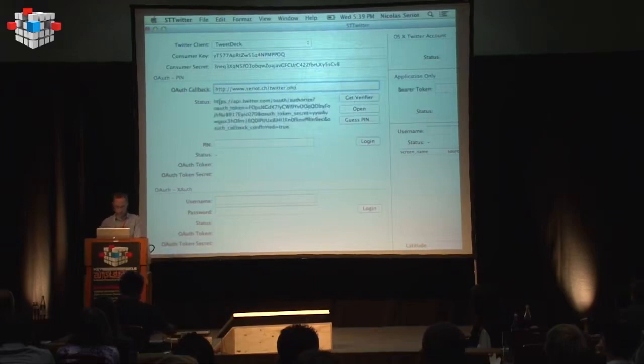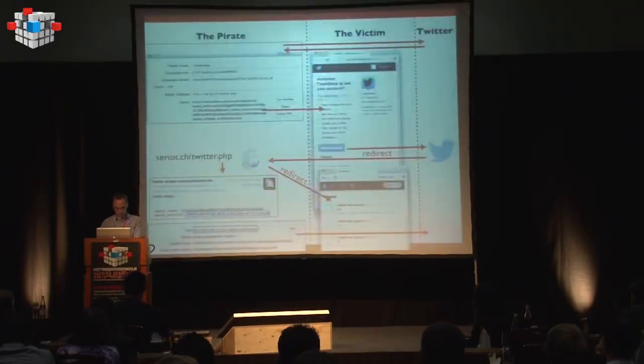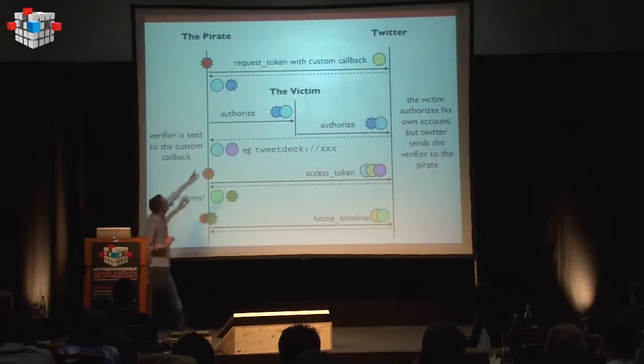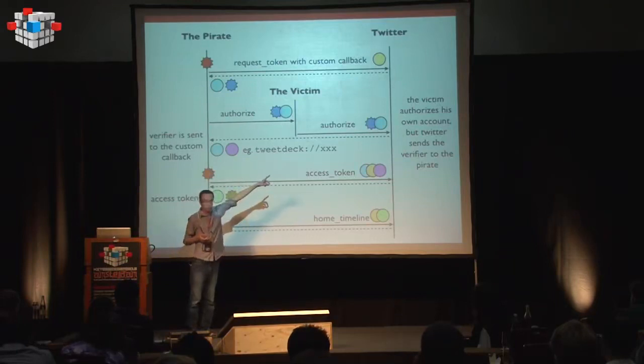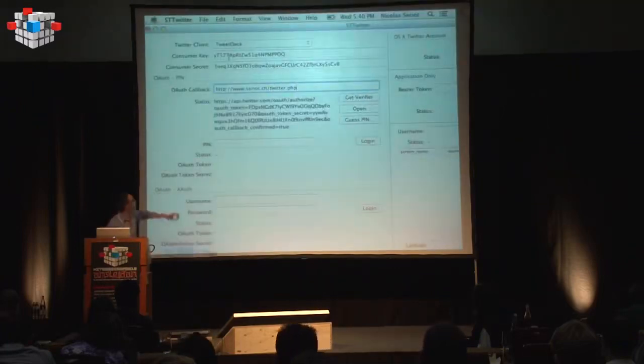And I'll show you the slides in parallel so that you understand what's going on. I did this first request, and I got the blue tokens. And I'm going to trick a victim into authorizing these tokens with his Twitter account. So look, these are the blue tokens.